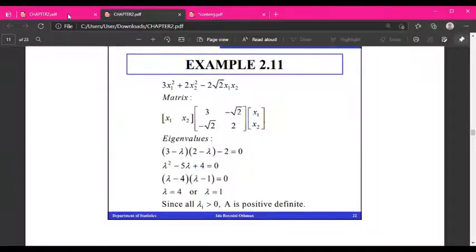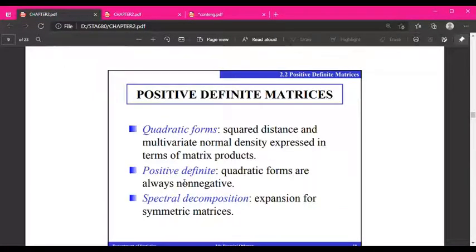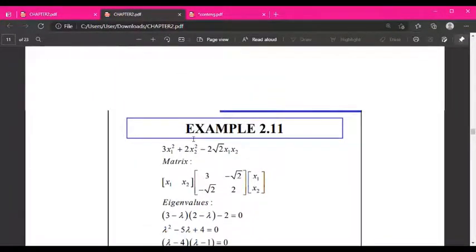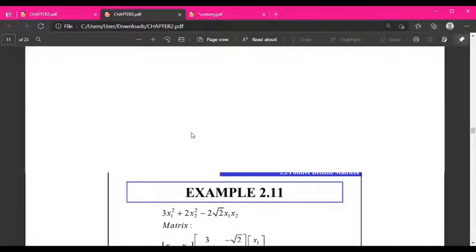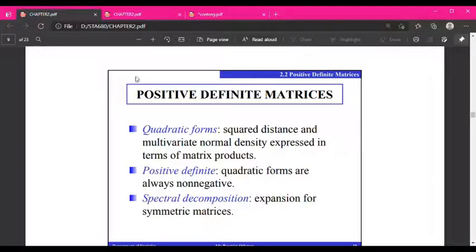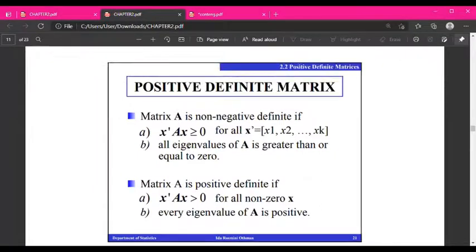And then yang kedua tadi adalah kita boleh tengok whether the matrix kita tadi adalah positive definite matrix or not. Okay, so how? This one. Alright.